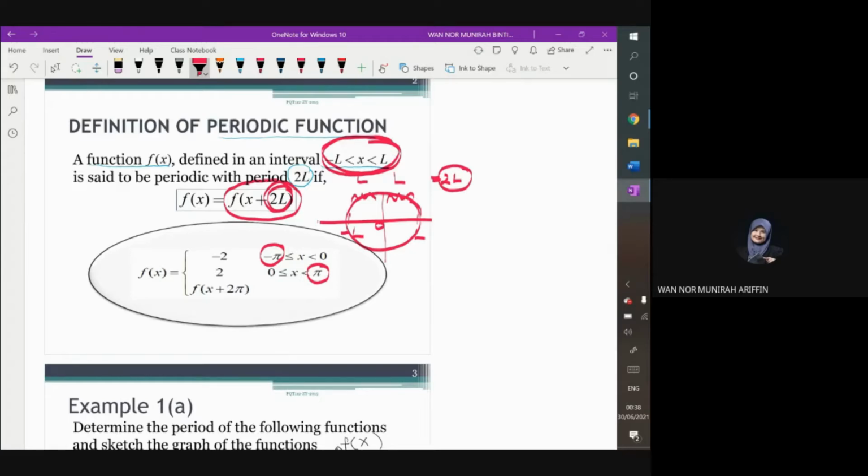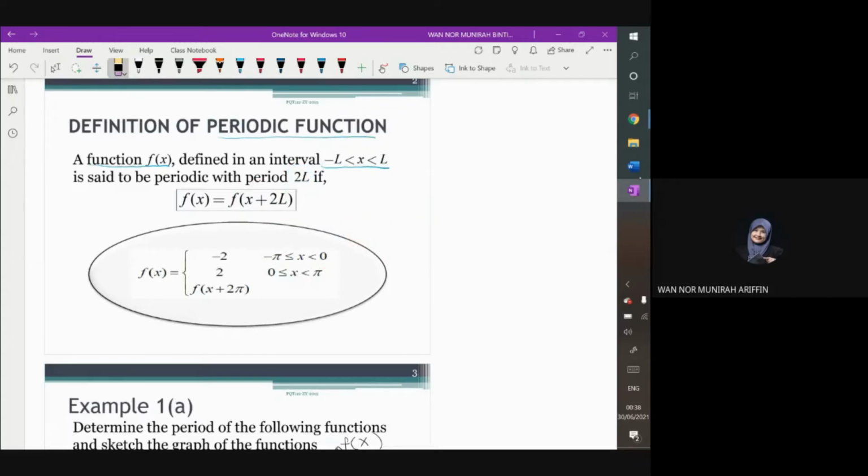Now if we compare with the definition here, if you have from negative L to L, so that your period is 2L, we write the period here so that this becomes a periodic function. We don't call this just a function f(x), but a periodic function, due to the period stated in the function.